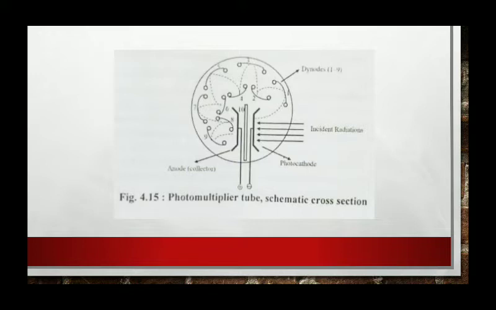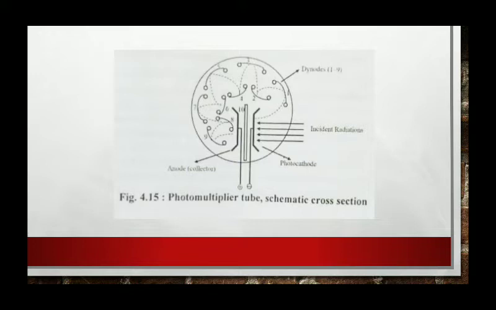This primary electron gets accelerated in the electrostatic field between the cathode and the first dynode and falls on dynode first. This first dynode is at 75 to 100 volts more positive than the cathode.